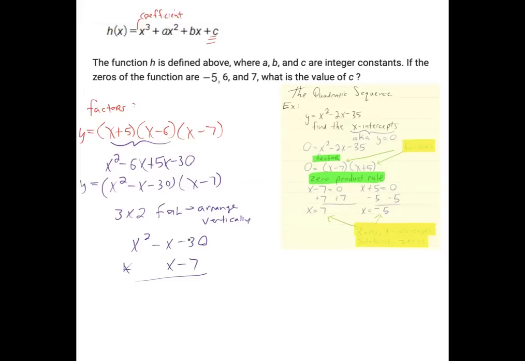We multiply everything by -7, so positive 210, minus 7x, minus 7x squared. Multiply everything by x: -30x, -x squared, plus x to the third. And we have the whole polynomial.